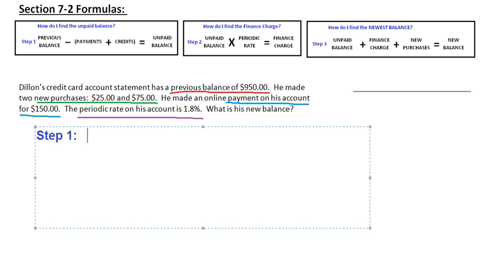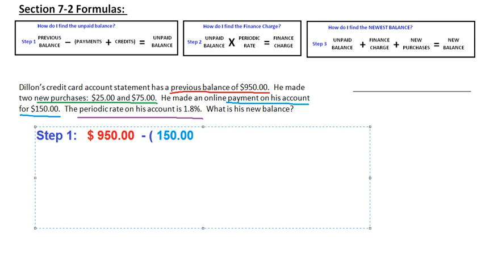Step 1, they want us to find and write out his previous balance of $950. What we're going to do is subtract that from his payments and his credits. As you're reading through this, yes, we see a payment of $150.